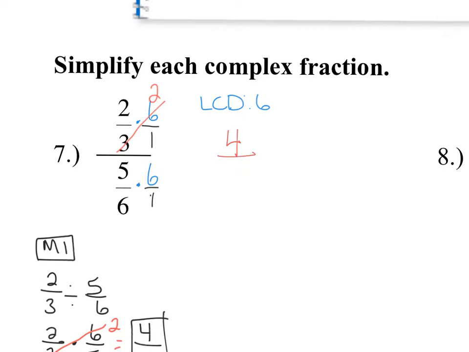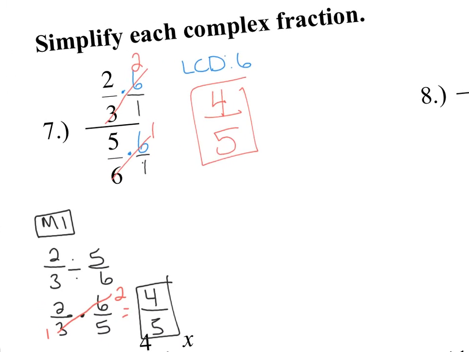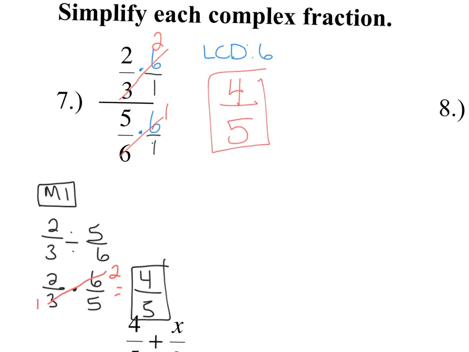And then in the denominator, I have 6 and 6. So when I divide those, 6 divided by 6, I'm just going to get 1. And then I can multiply 5 times 1, which is 5. And you'll notice that that is the same answer that we got from method number one. So we have the 4/5 from method number one, 4/5 from method number two.